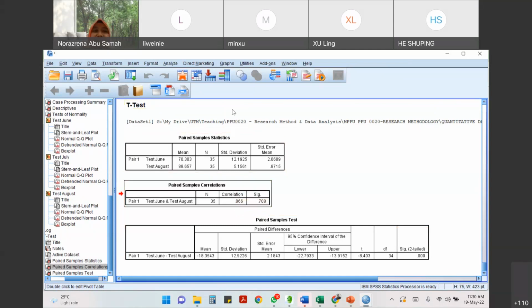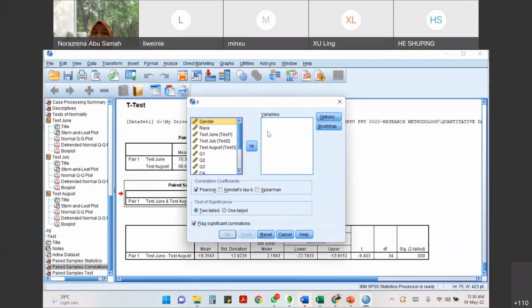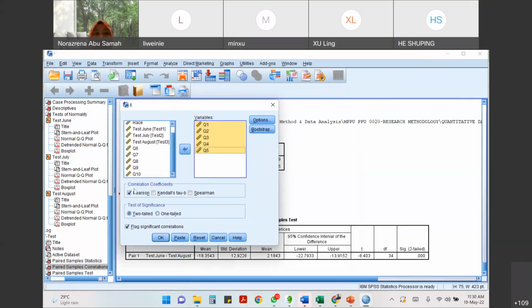All right, so I hope you understand that. Okay, now let me show you the correlation. Look at here, correlate, bivariate. You can see the matrix. Let's say I show here 5 variables. Pearson is for parametric, Spearman is for non-parametric.